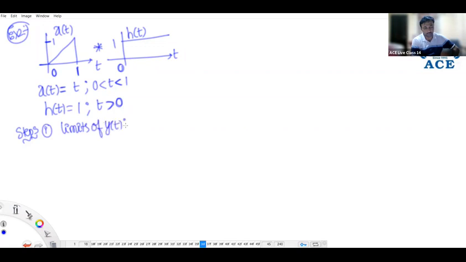Sum of lower limits 0 plus 0, sum of upper limits 1 plus infinity. 0 to infinity. Carry on.